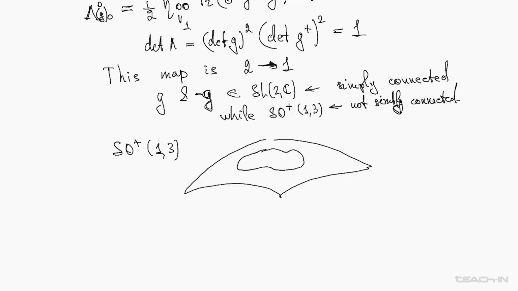In other words, in SO plus 1,3 there are non-contractible loops.